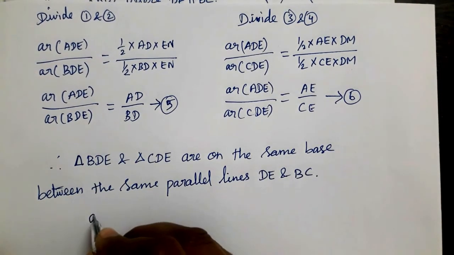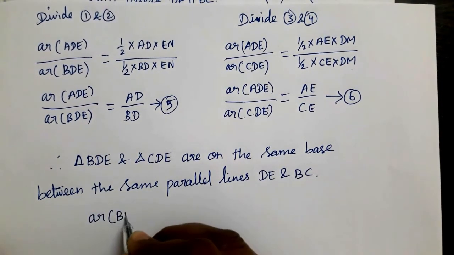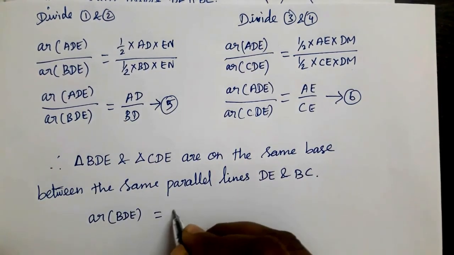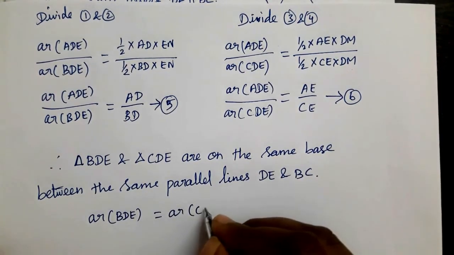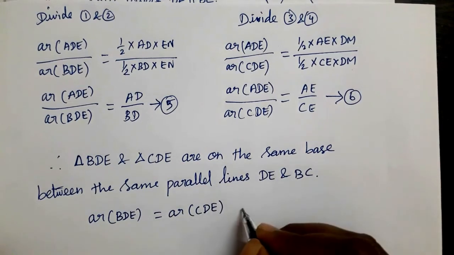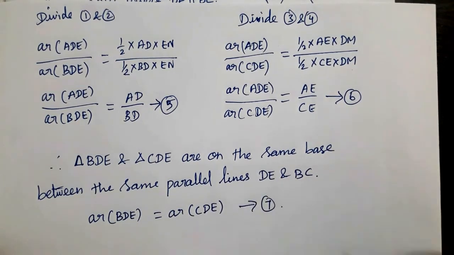So area of triangle BDE equals area of triangle CDE. This is equation number 7.